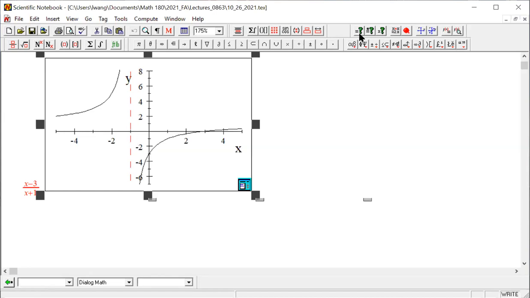So you can see that piece is positive, but this piece is negative, and there's a crossing. So you still need to identify these points. -1 is a vertical asymptote, and the solution cannot include -1.